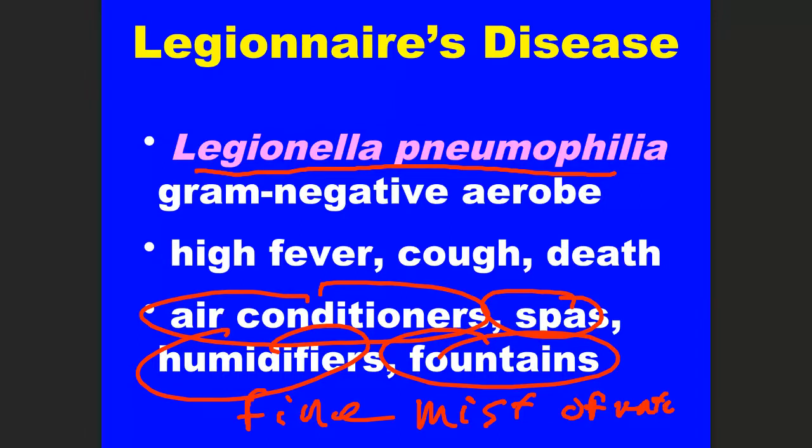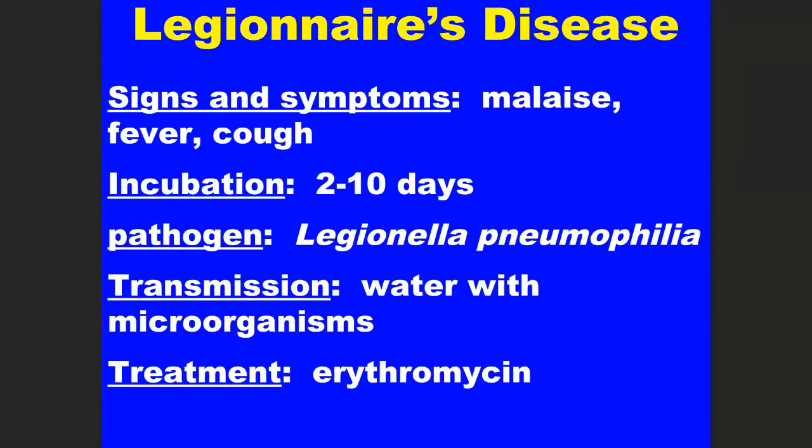Well, if those water lines spraying out the mist are not clean, it could be infected with Legionella pneumophila, and there have been cases of people that got Legionnaire's disease from places like that. So again, it's primarily transmitted through mists of water.